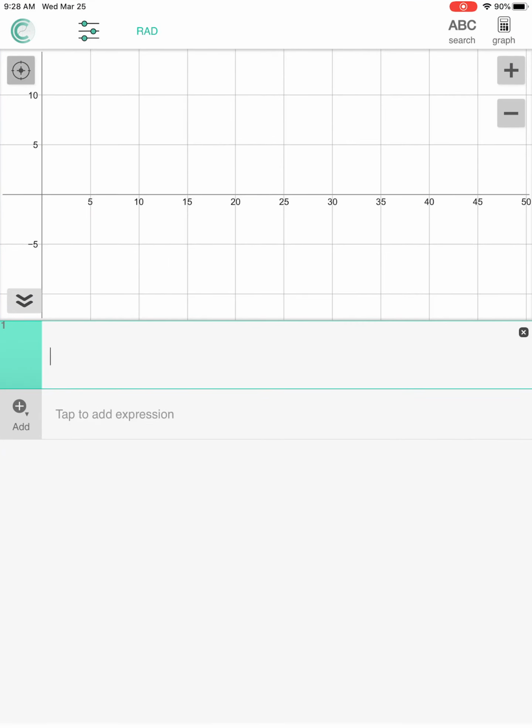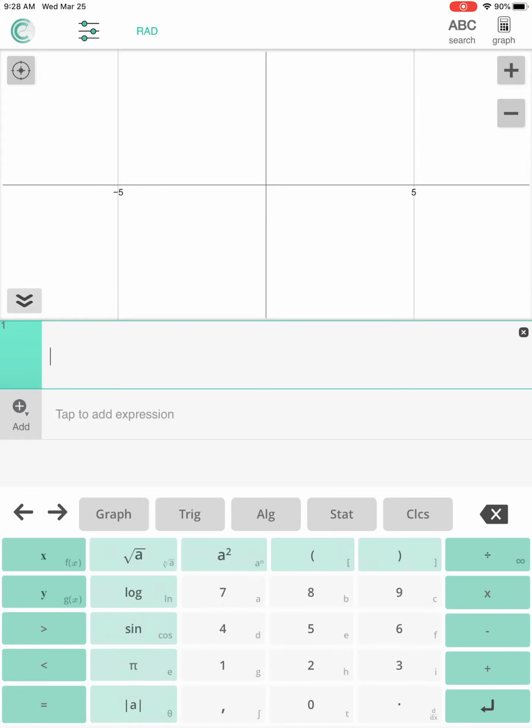So the absolute value of x minus 2 minus 3. Okay, so y equals the absolute value of x minus 2, minus 3. Okay, so that looks like that.